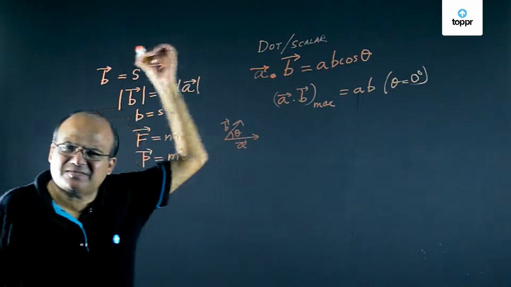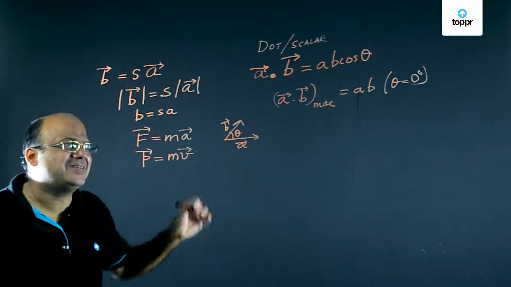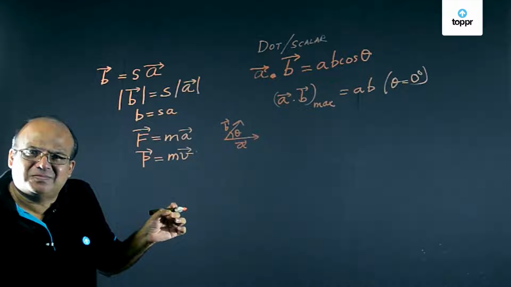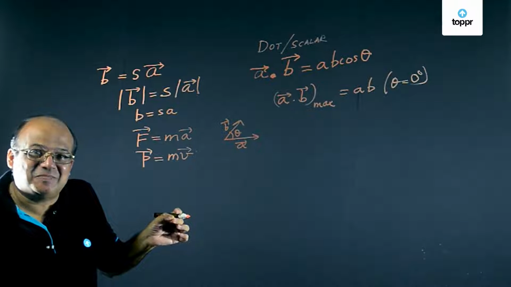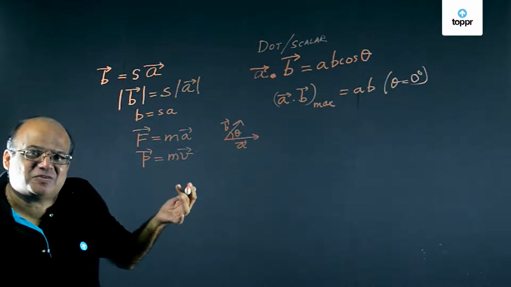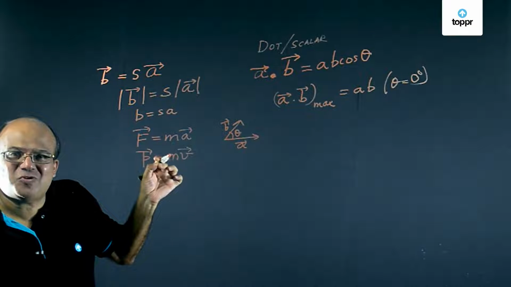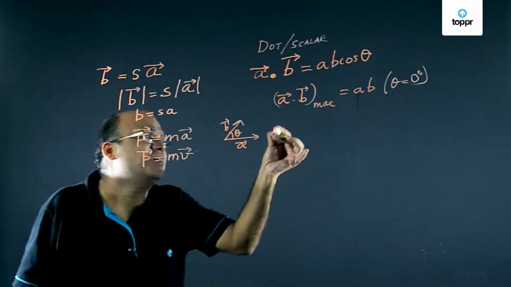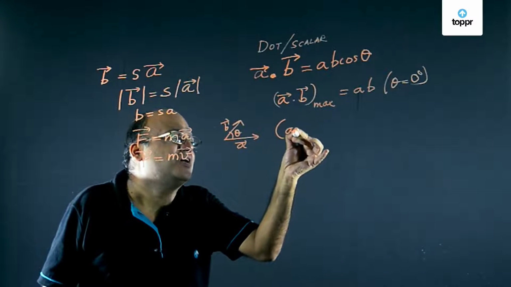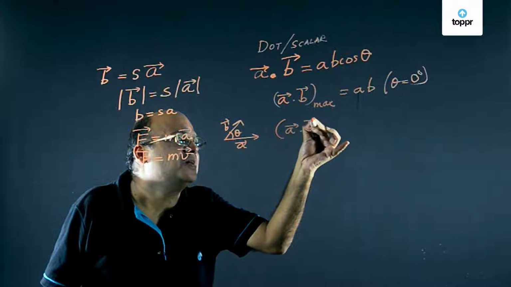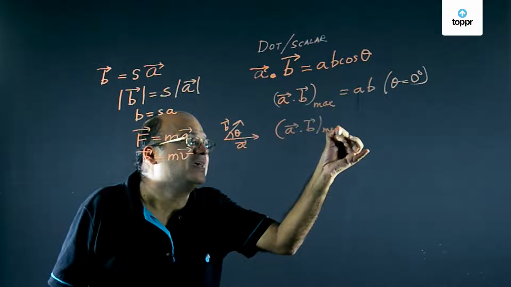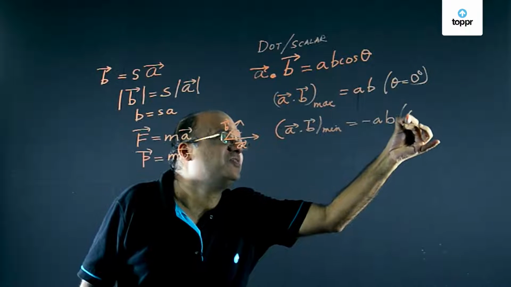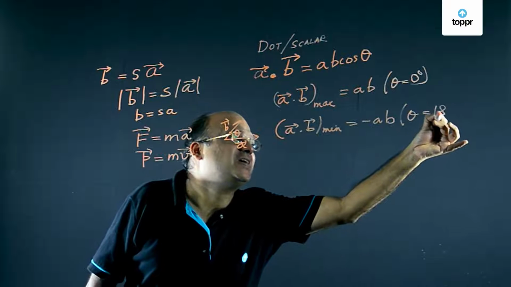Cos of 0 is 1. Right? When will A vector dot B vector be minimum? Not 90 degrees, because 90 degrees will give you 0. But 180 degrees will give you minus 1. Cos 180 is minus 1. So A vector dot B vector minimum is minus AB, and that happens when theta is 180 degrees.